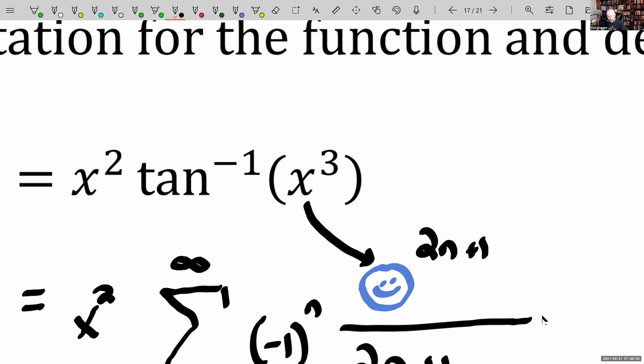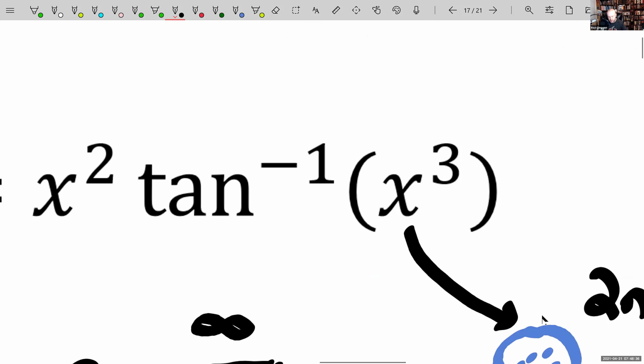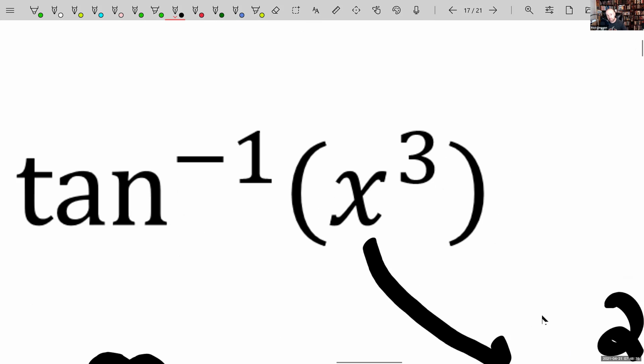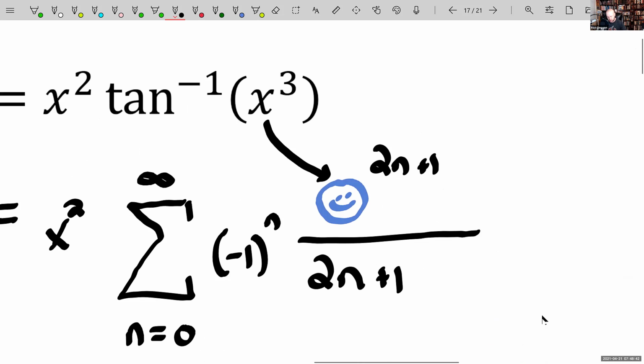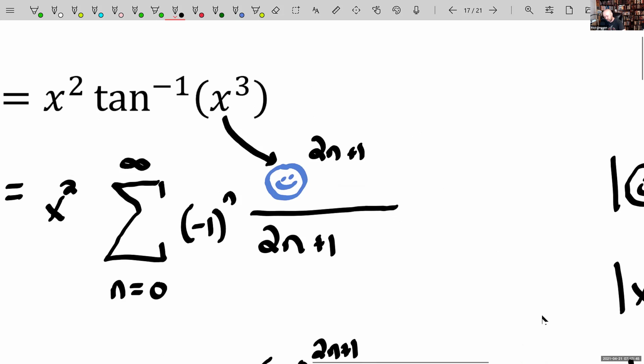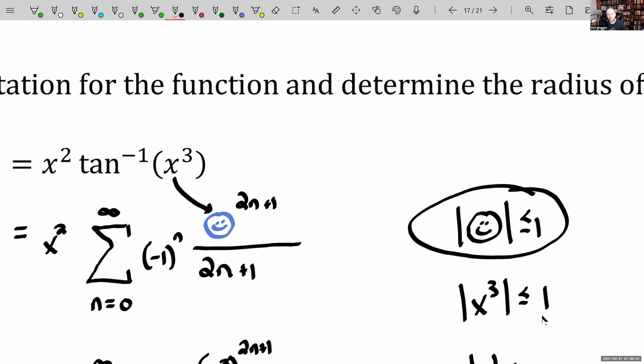Okay, so if you happen to know the power series representation for tangent inverse, which we do, we know the original power series representation for tangent inverse had a radius of convergence of 1, and the interval of convergence included the endpoints.